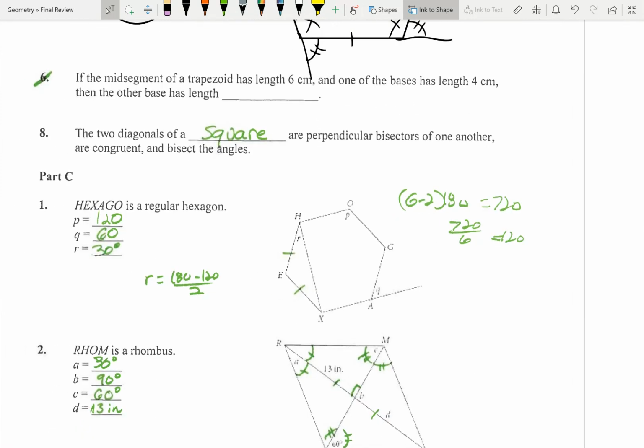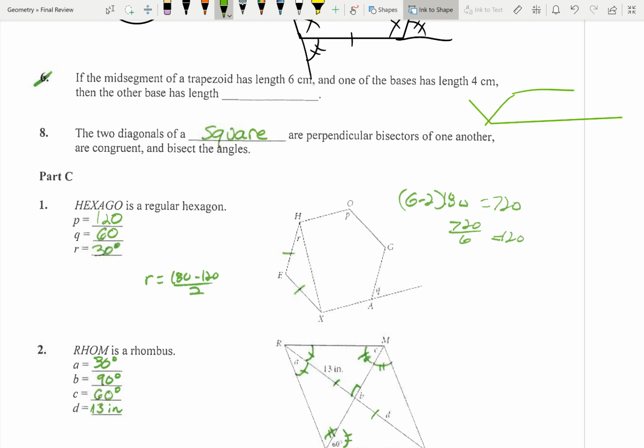If the mid-segment of a trapezoid has a length of 6 centimeters and one of the bases has a length of 4 centimeters, and the other base has length X. So this is crossed off, but it shouldn't be. It is definitely fair game on the final. And so let's go ahead and draw a picture of what this might look like.